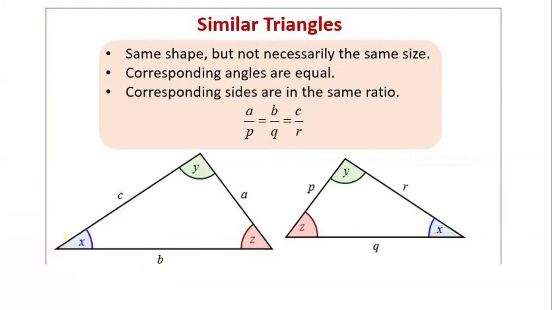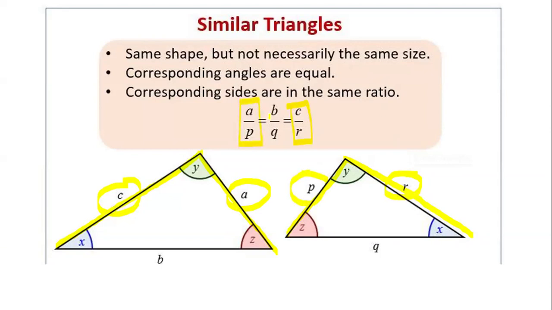Next, what else do we have? We have this side, which is C, and this side is R. These two are corresponding sides, so we have C and R in a ratio. And then we have A and P, which are also corresponding sides, and they are in this ratio.